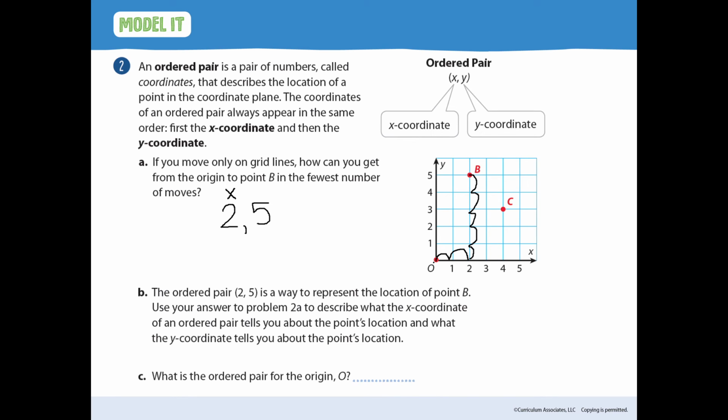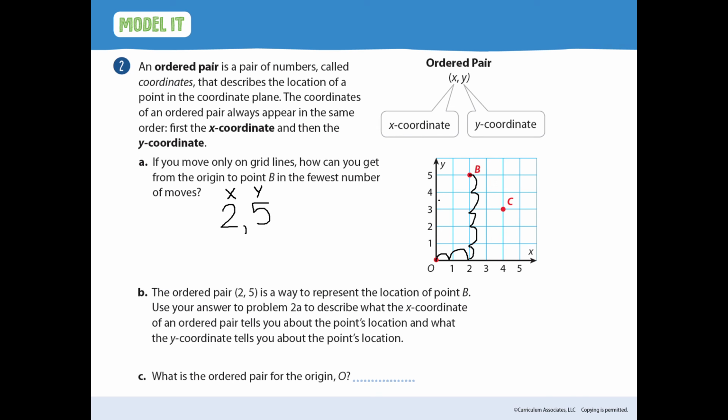We went over 2 spaces on the x-axis. And the number 2 tells us that we are 2 units away from the origin on the horizontal number line. The second number, 5, represents the y-axis. The 5 tells us that we are 5 units away from the origin on the vertical number line, on the vertical axis.